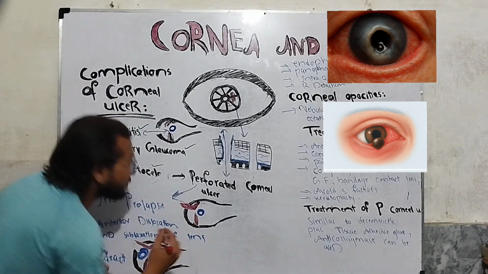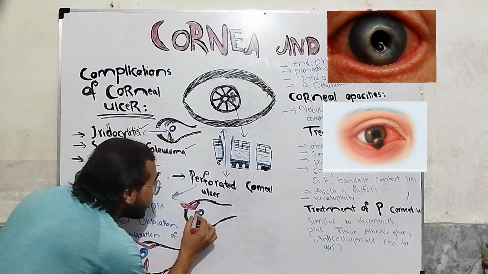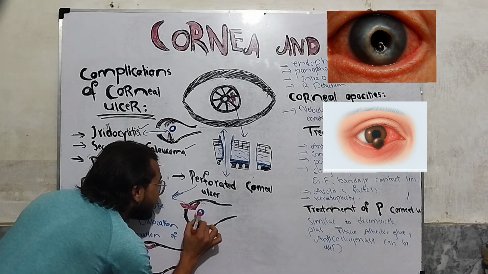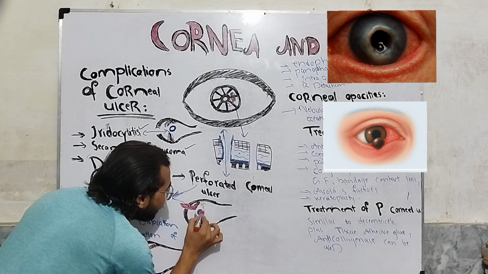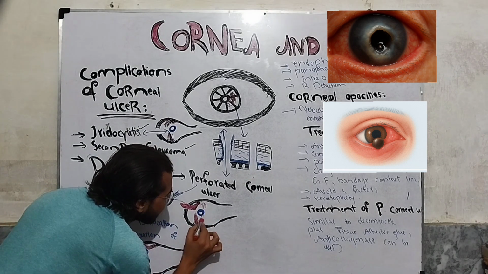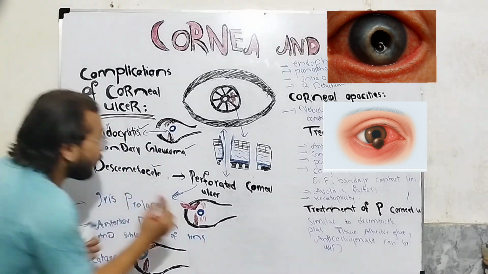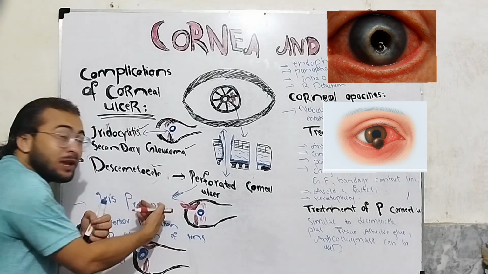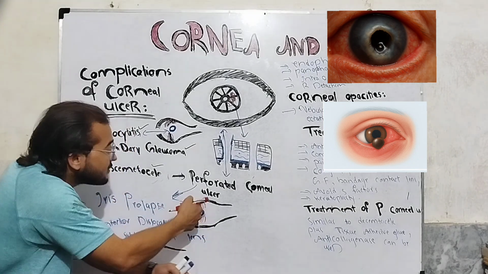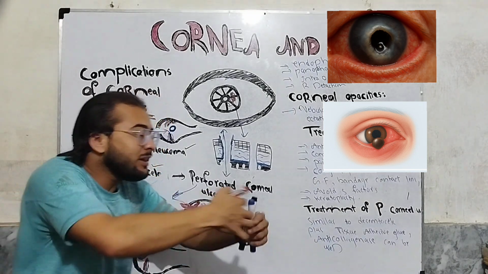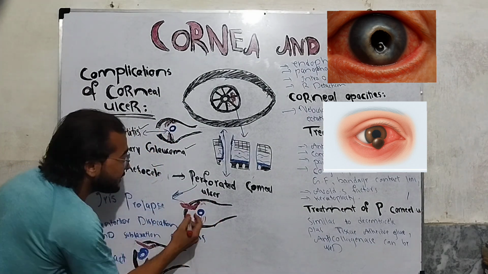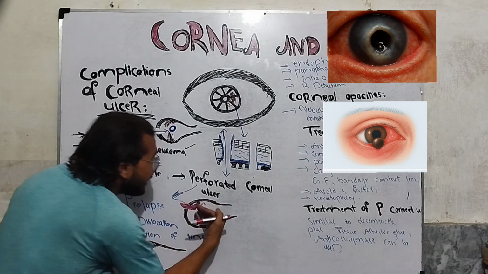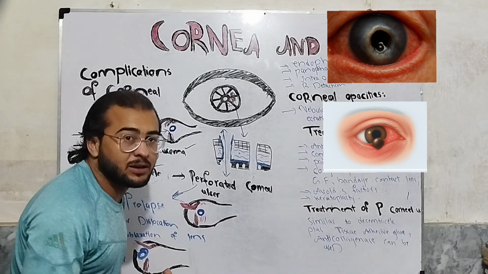Okay, and with this iris prolapse, we know that the lens is kept in place by the zonules. Okay, these are the fibers which keep the lens in place. When the iris has prolapsed, it will also stretch the zonules. When the zonules are stretched, they can rupture and cause the lens to come into the anterior chamber.